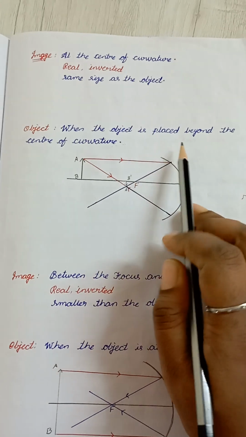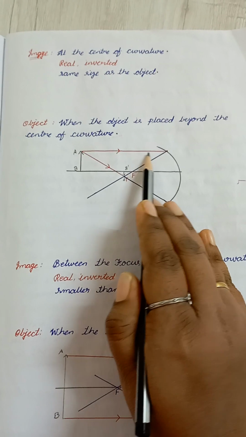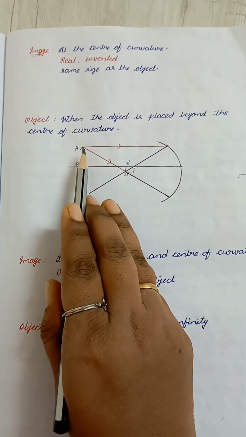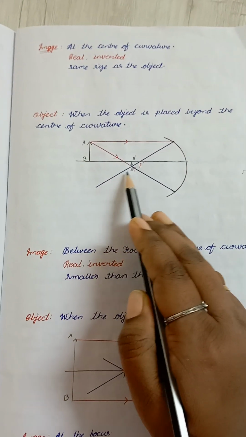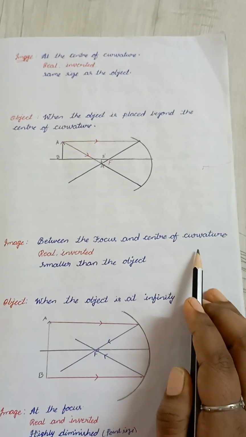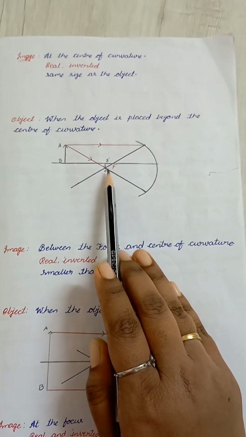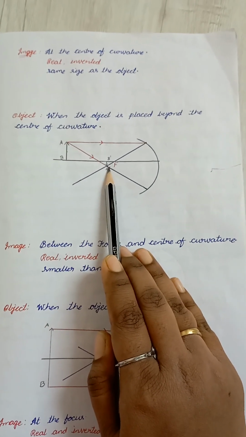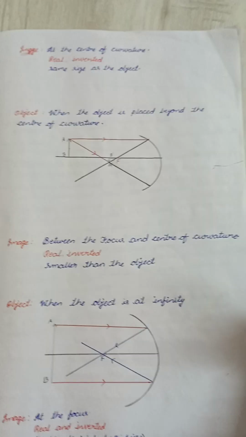Next, when the object is placed beyond the center of curvature, one incident ray parallel to the principal axis passes through the focus, and another through the center of curvature, where the two reflected rays meet between focus and center of curvature. We are placing the object beyond the center of curvature, and we are getting the image between focus and center of curvature, real and inverted, but the size is smaller than the object.